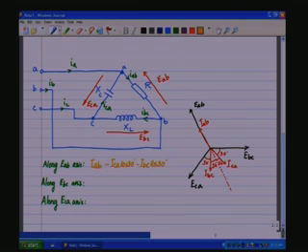Now, let us see along the EBC axis. IBC is 90 degrees with respect to EBC because of the inductive load.